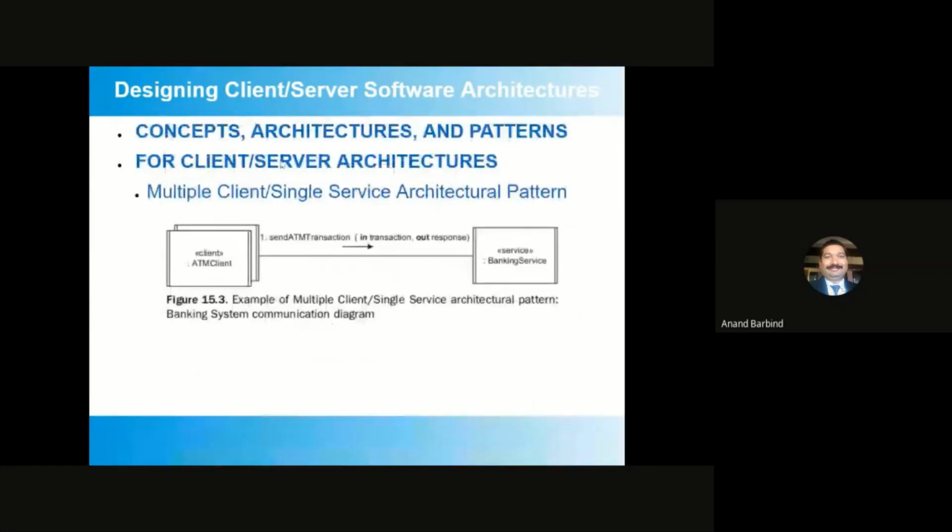So the multiple client single server architecture pattern can be specified in this particular fashion, put into another form. The banking service is being provided. This is the form in which the communication diagram is being shown.